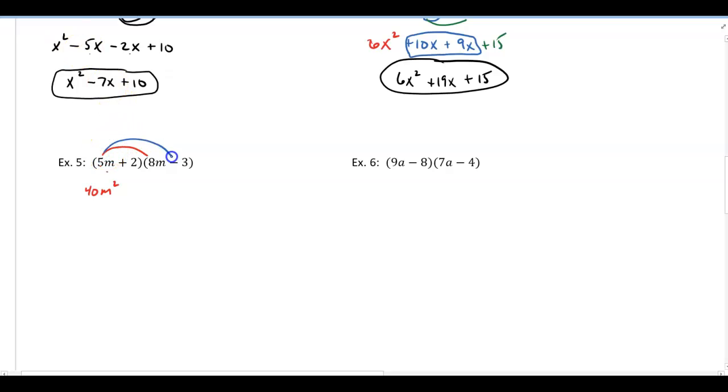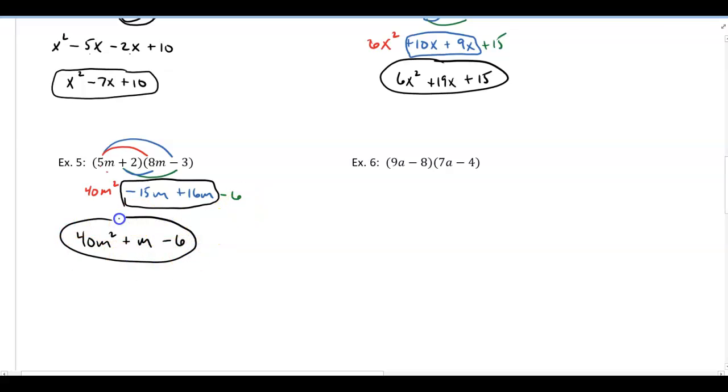Then 5m times negative 3 is minus 15m. 2 times 8m is plus 16m. And then 2 times negative 3 is negative 6. When I go to combine like terms, 40m squared, combining the two middle terms is going to give you plus 1m, and then minus 6.